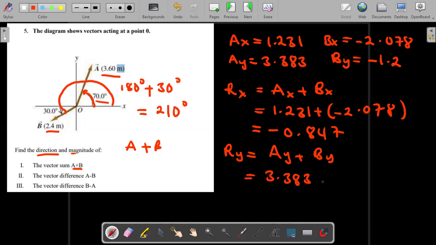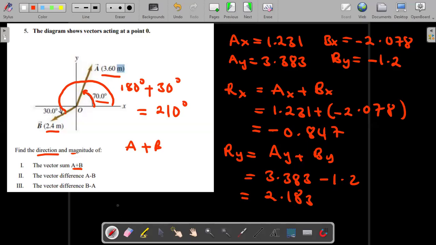Then my BY is just going to be negative 2.1 like that. So I'll have 3.383 minus 1.2. And that there is going to give me 2.183. So that's what I'm going to get there. So these are my resultants for that.